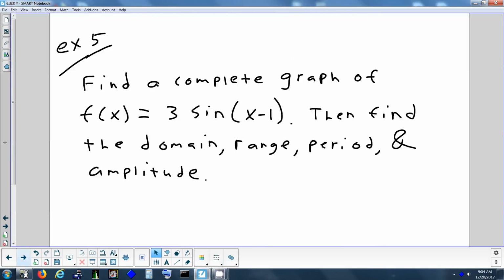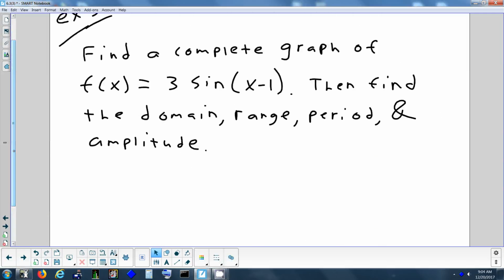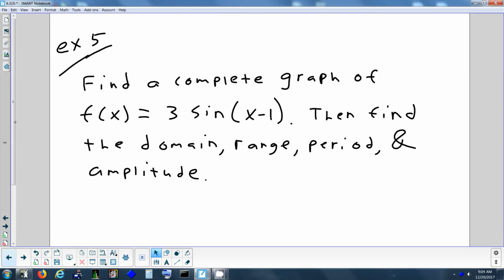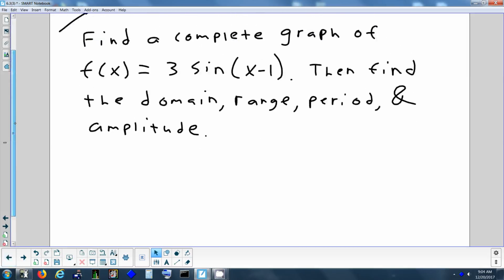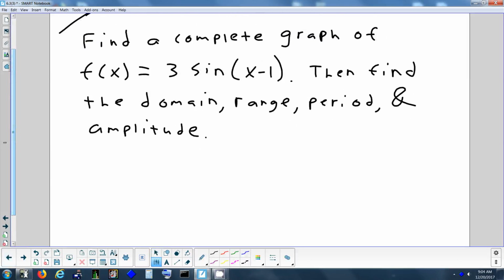All right, let's look at this one. Same directions, just a different equation. So find a complete graph of 3 sine x minus 1.